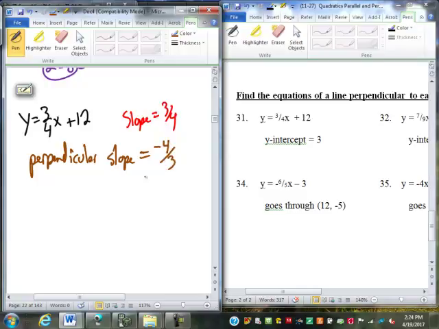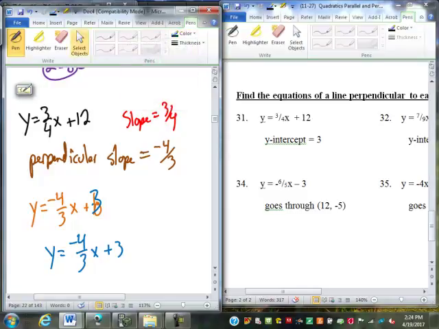Negative 4/3. Good. Opposite reciprocal. So we're going to start out with y equals negative 4/3 x plus b. Good. What's going to go in for b? 3. So y equals negative 4/3 x plus 3.